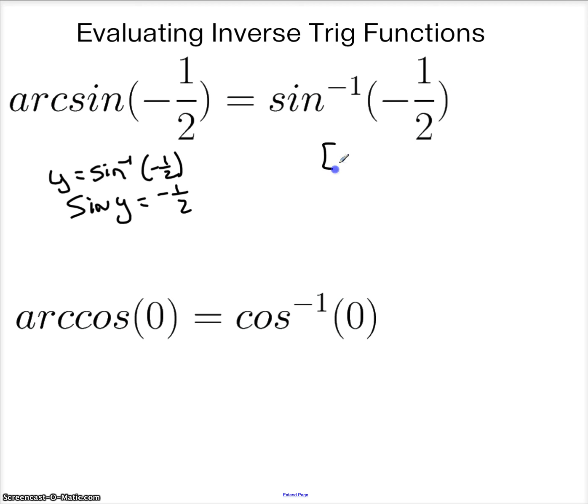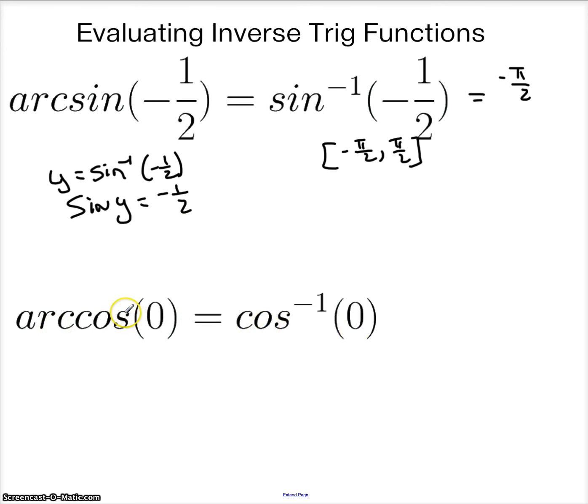So we're going to look on the interval -pi over 2 to pi over 2. All right, and we see that our value here is going to be negative pi over 6. That's when the sine of negative pi over 6 is negative 1/2.